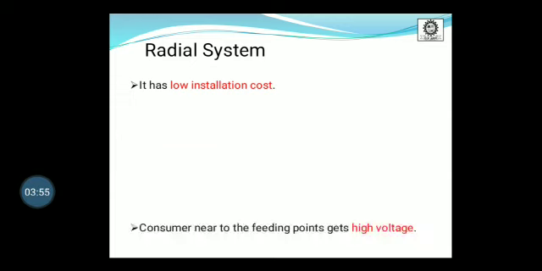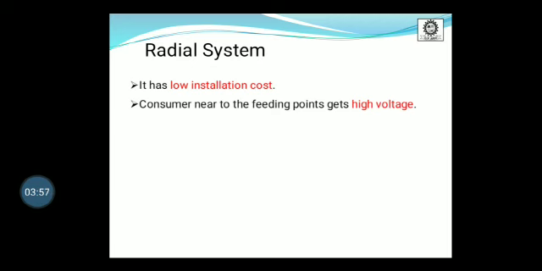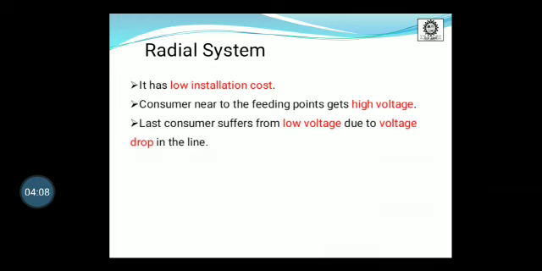However, it suffers from the following drawbacks. The consumers near the feeding point get high voltage, whereas the last consumer suffers from low voltage due to voltage drop in the line.